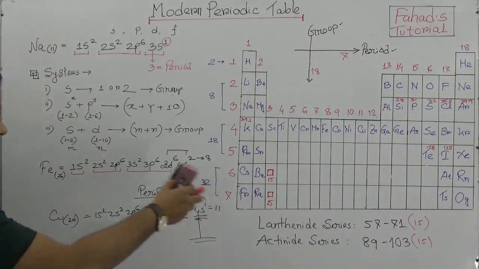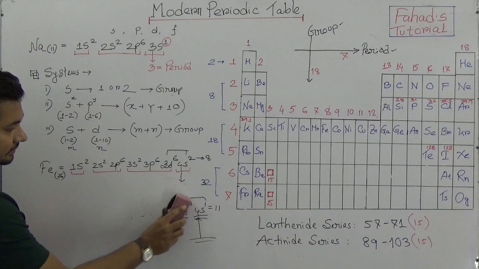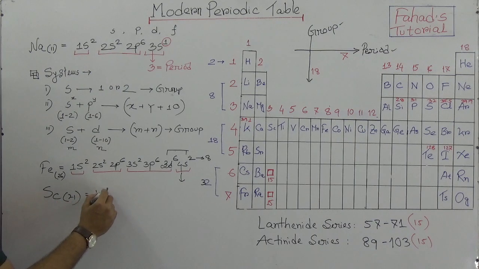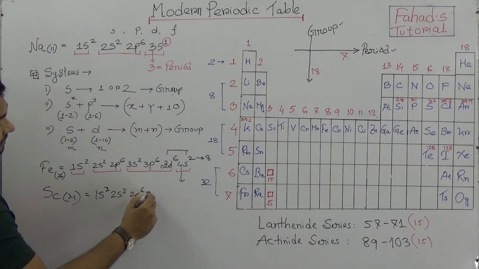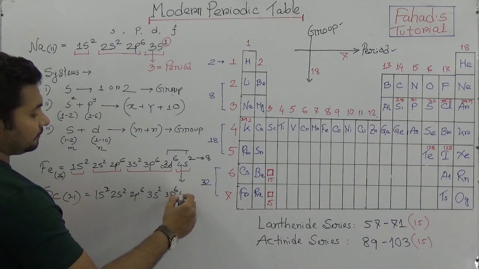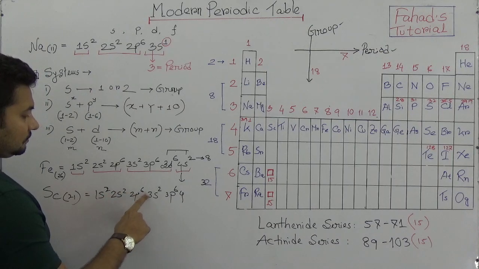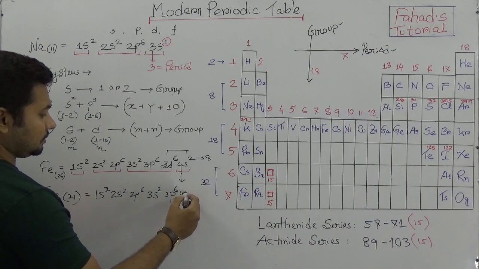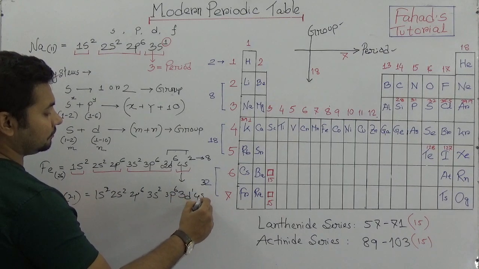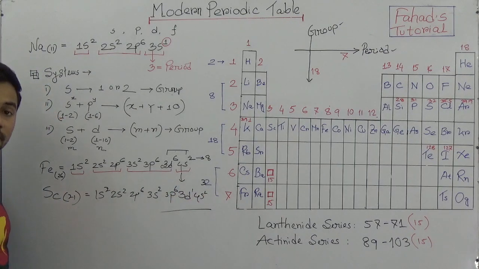So if you see again in scandium, scandium is 21. So you can say 1s2, 2s2, 2p6, 3s2, 3p6, 3d1, 4s2 is the electron configuration of scandium.